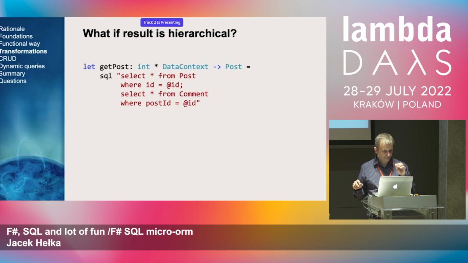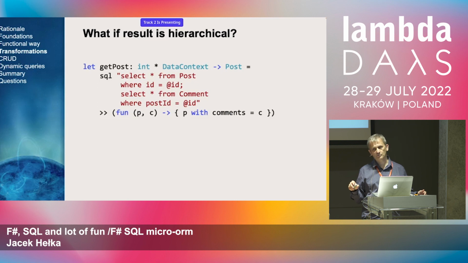And considering that our SQL functions can manage it and create some tuple of results, we can solve this problem with function composition. So we have a simple lambda that combines these results some way.